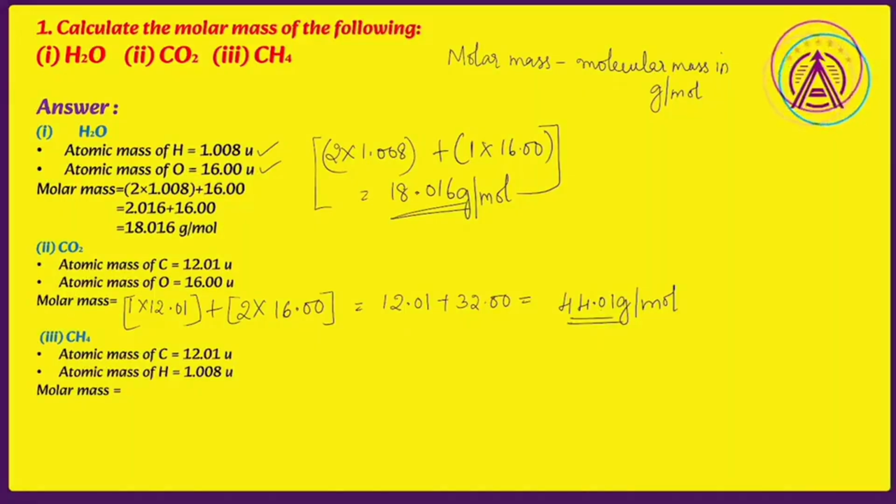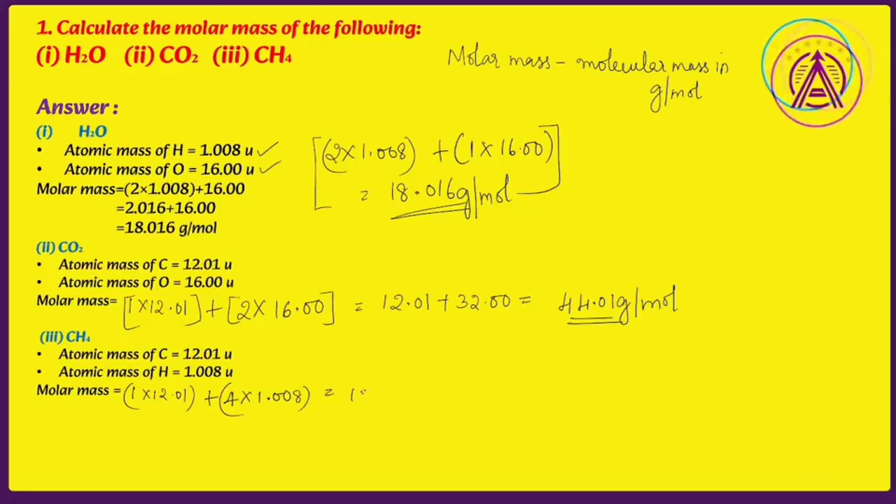In case of methane, carbon has an atomic mass of 12.01 U and hydrogen has an atomic mass of 1.008 U. Since only one carbon is there, its molar mass will be 1 into 12.01 plus, since 4 hydrogens are there, 4 into 1.008.